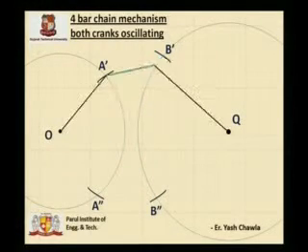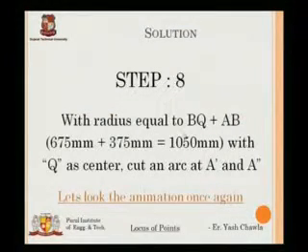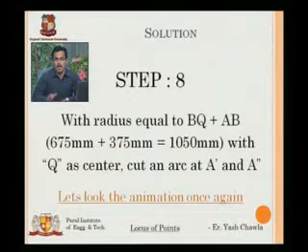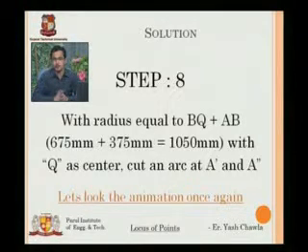So I need to measure my connecting rod as well as my crank. From that center I'll mark an arc on the other curve, so I'll have the extreme point for my other center. So now we'll take it first for the extreme points of OA.